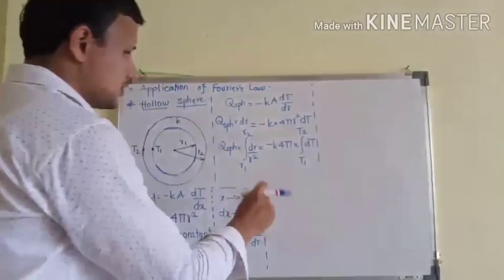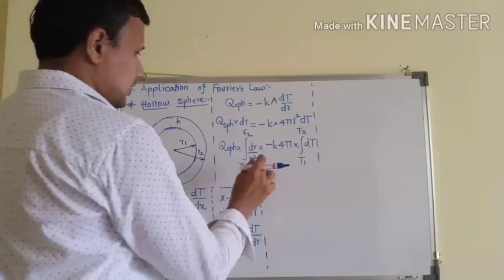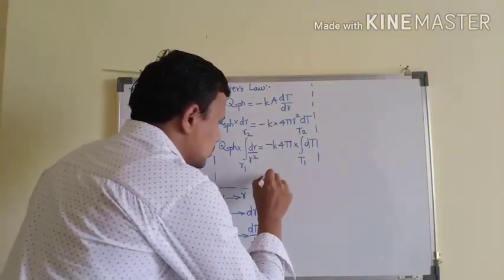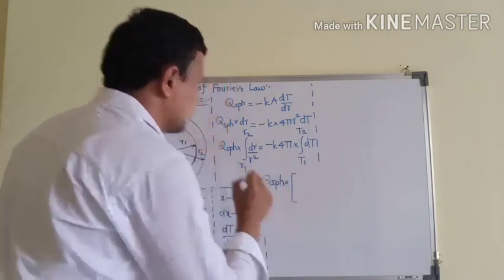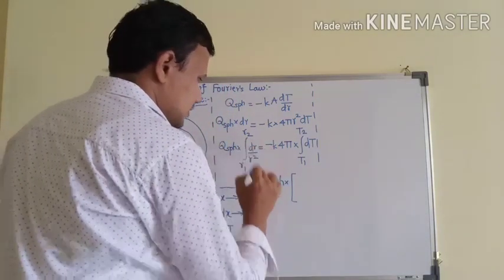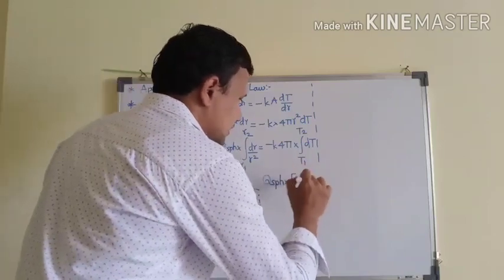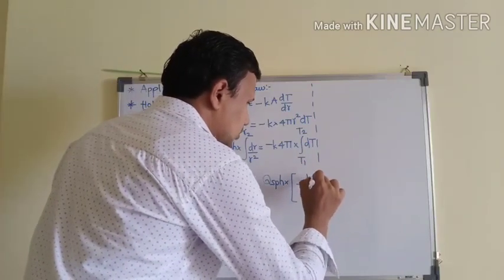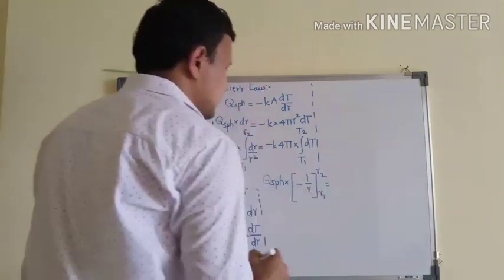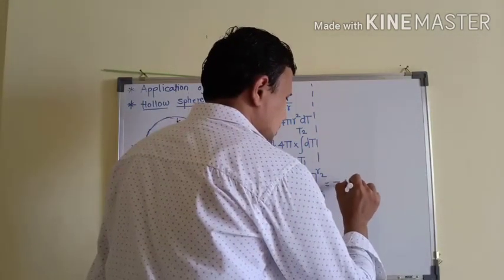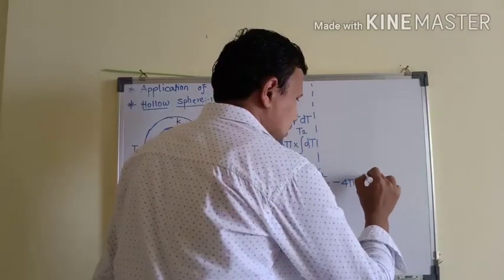So now we will substitute this integration properly so that we can solve it. We get q sphere into the integration of 1 upon r square with respect to dr, which is minus 1 upon r within the limits r1 to r2. It is equal to minus 4 pi k.